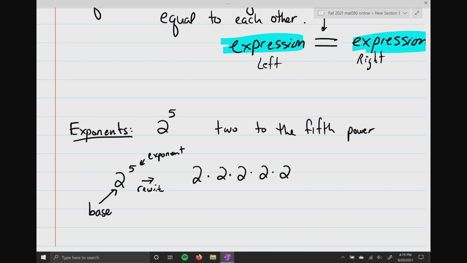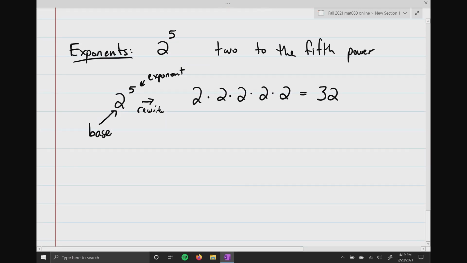And in the upper right-hand corner, a little small number, that's called the exponent. And that exponent says, multiply the base this many times. That's all it says. Now, if we wanted to, we can actually simplify this. 2 to the 5th power equals 32. I'll let you figure that one out. I'm just going to write the answer. But that's what an exponent is.